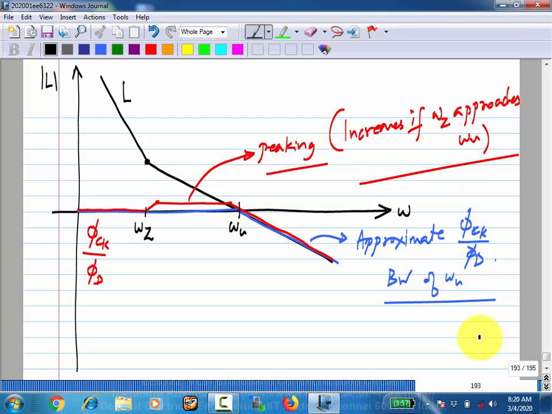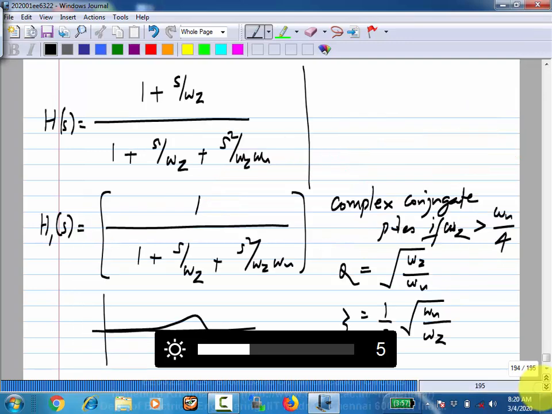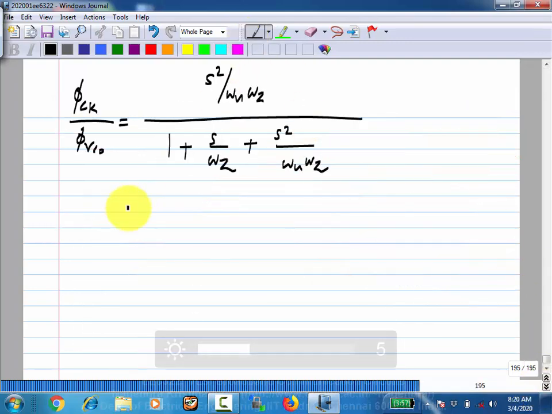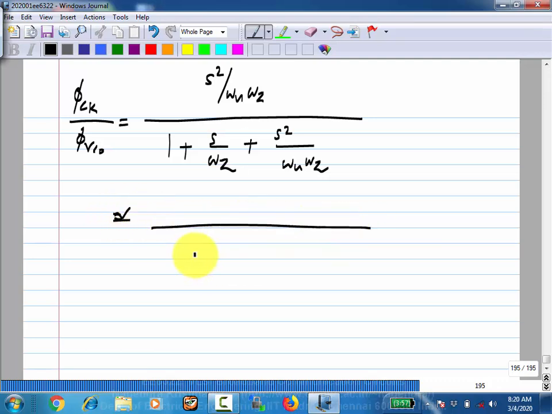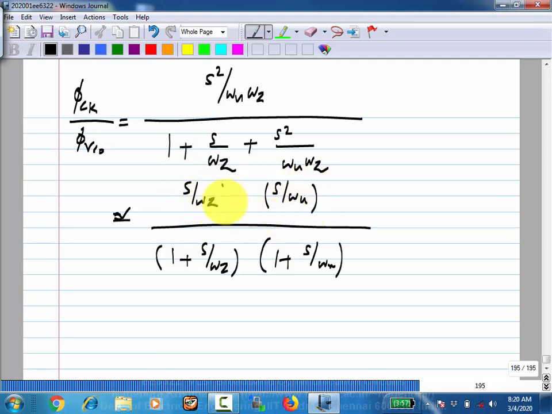You expect it to be complementary to this, right? So again, if I approximate the denominator as 1 plus s by omega_z, 1 plus s by omega_u, the numerator can also be separated, s by omega_z, s by omega_u. Each of these is a high pass transfer function with a high frequency gain of 1.